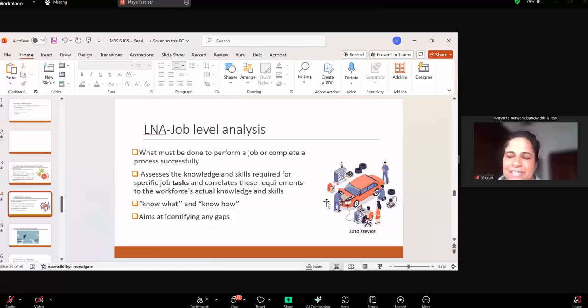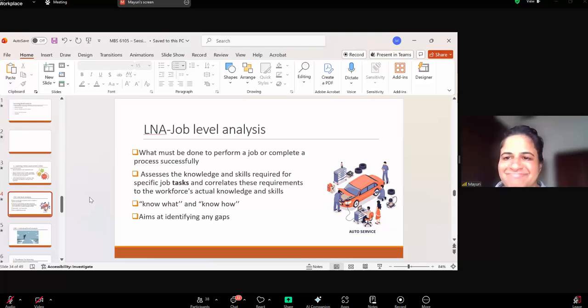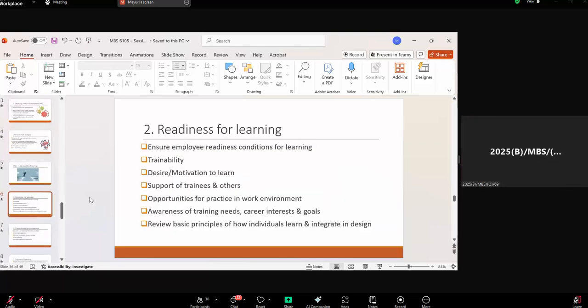In the level analysis, what we do is check whether the learning need prevails at organization level, job level, or individual level, or in multiple levels, right? Is it clear to you? Training level analysis clear to you? Yes, ma'am. Yes, okay.